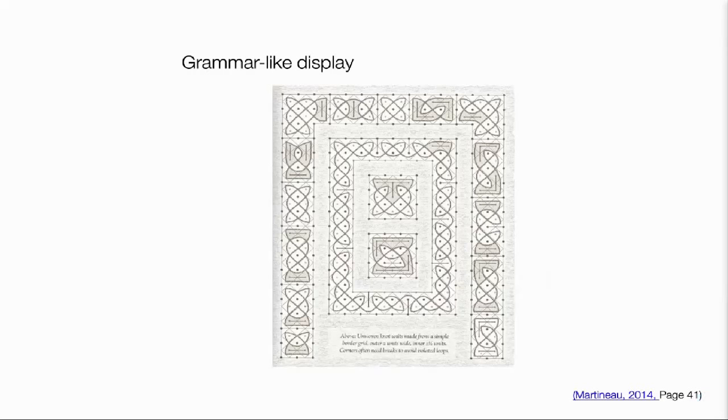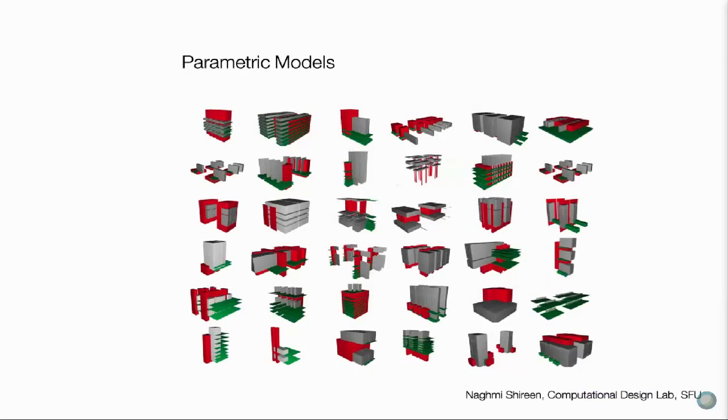And we see throughout the literature grammar-like displays in which multiple ways of unfolding an idea are shown in a single display or on a single sheet. In this case, multiple ways of achieving a Celtic knot. And note that books like this were published widely in the 19th century.